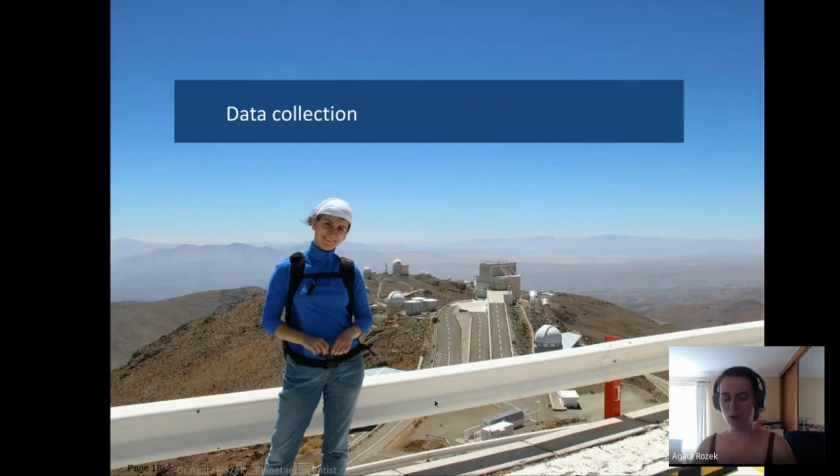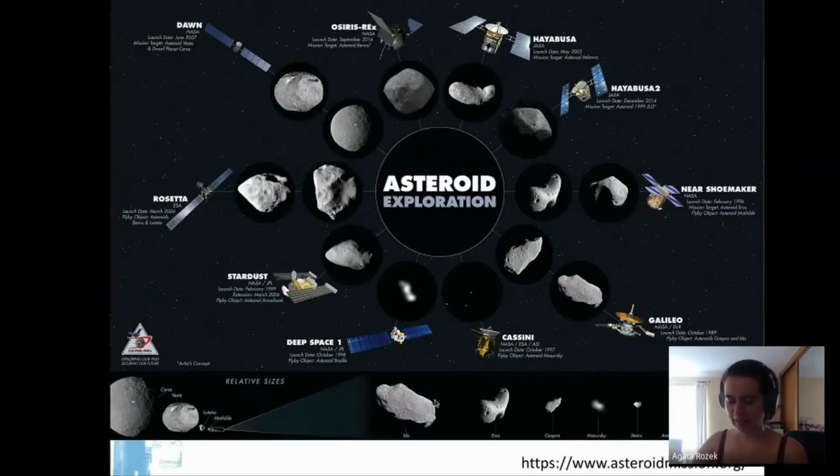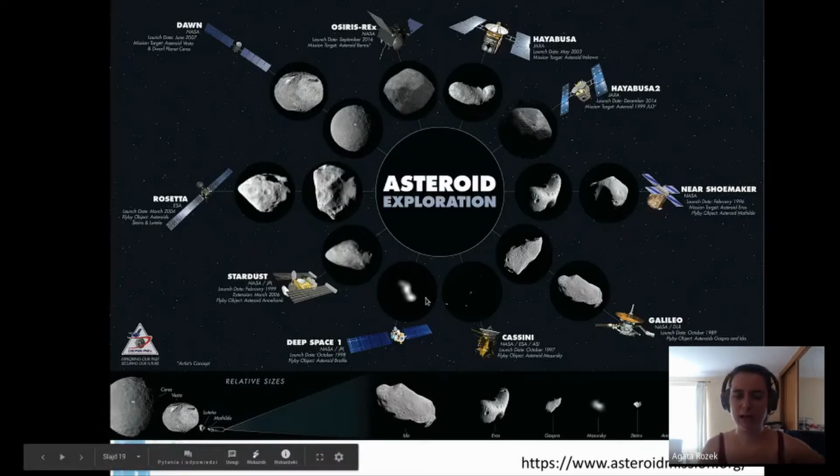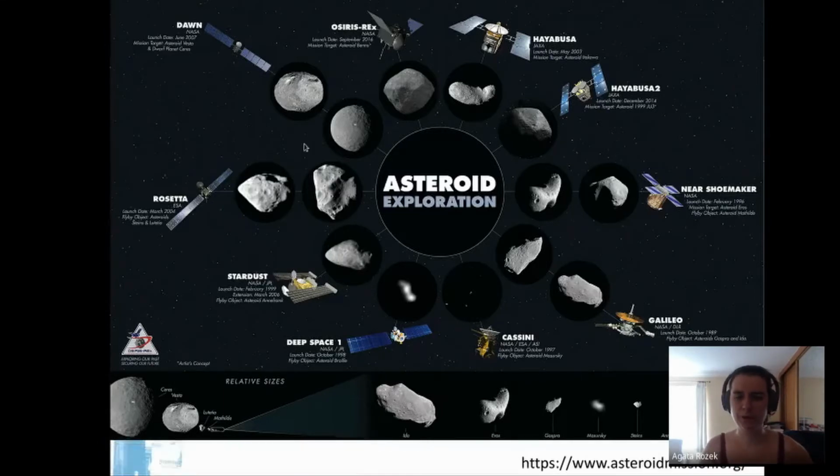But we use those telescopes that are on the ground to look at near-Earth asteroids. Of course, ideally, we would just send spacecraft to all of them. The problem is this is a very, very expensive solution. So far, out of all of those asteroids that are depicted here, we can see both near-Earth and main belt asteroids like Ceres and Vesta up here.